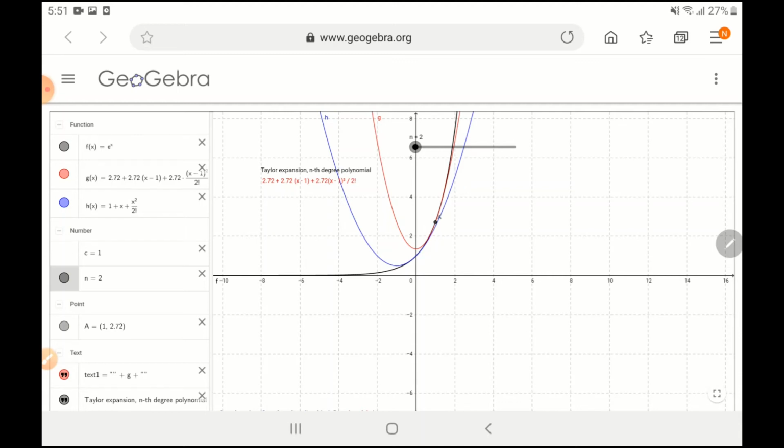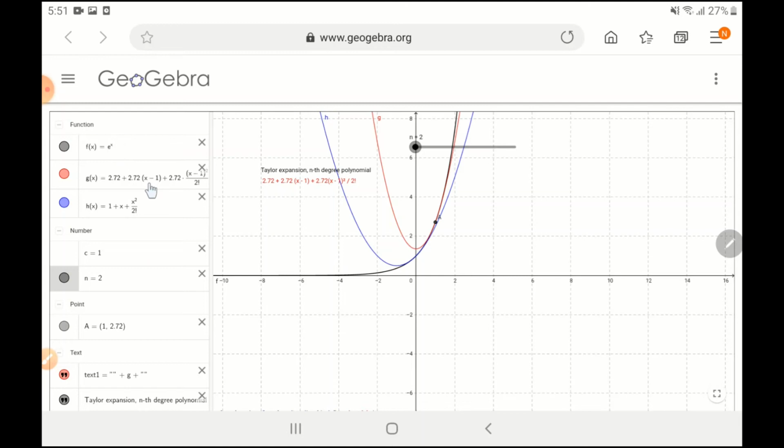So this is what makes Taylor and Maclaurin different. When we try to approach the value of e to the 1, where x is 1, the center should be closer to the value of x that we're approaching.